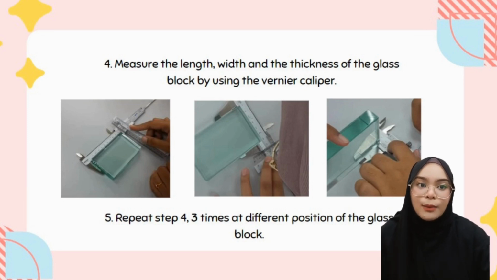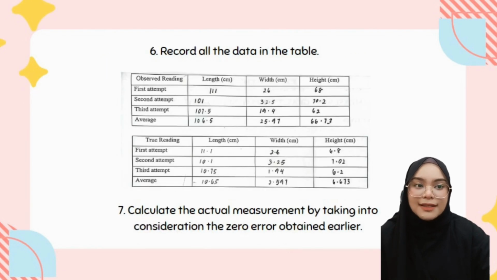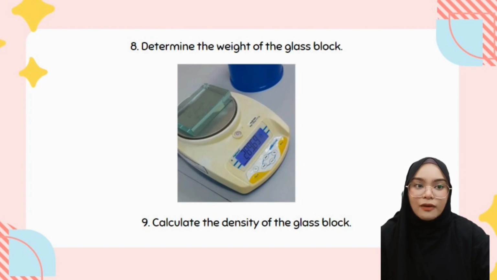Measure the length, width, and the thickness of the glass block by using the vernier caliper. Repeat step 4 at least 3 times at different positions of the glass block. Record all the data in the table. Calculate the actual measurement by taking into consideration the zero error obtained earlier. Determine the weight of the glass block and calculate the density of the glass block.